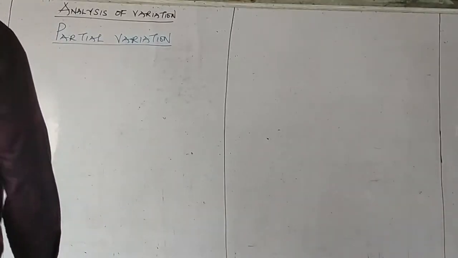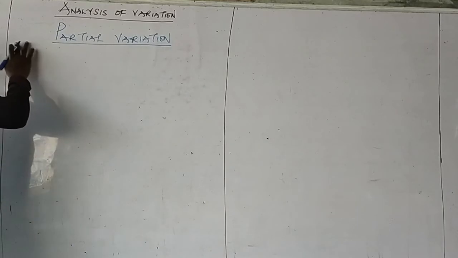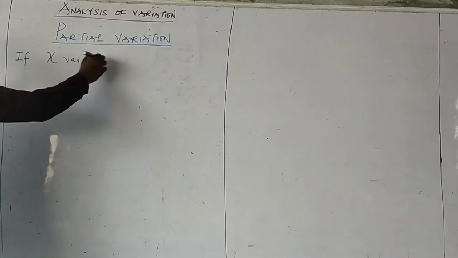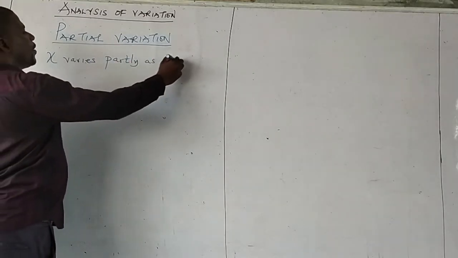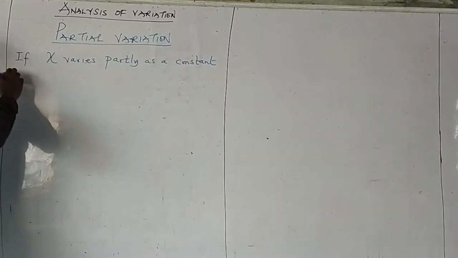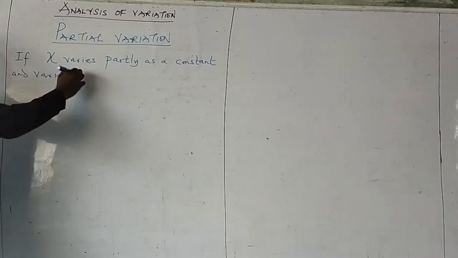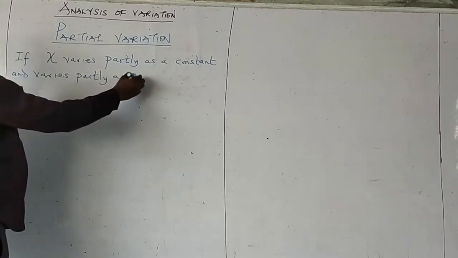Now, when you're talking about partial variation, look at the way questions used to come. You can say if X varies partly as a constant and partly as y.